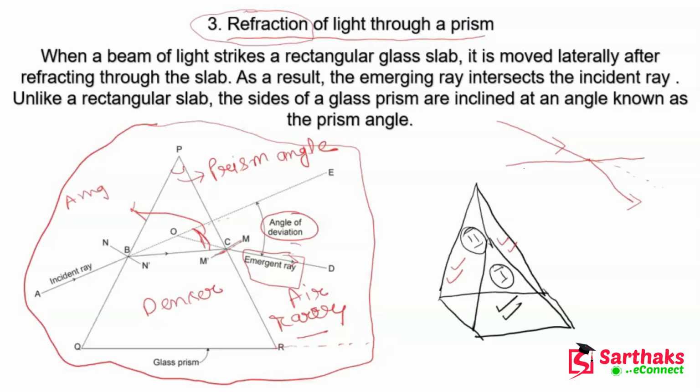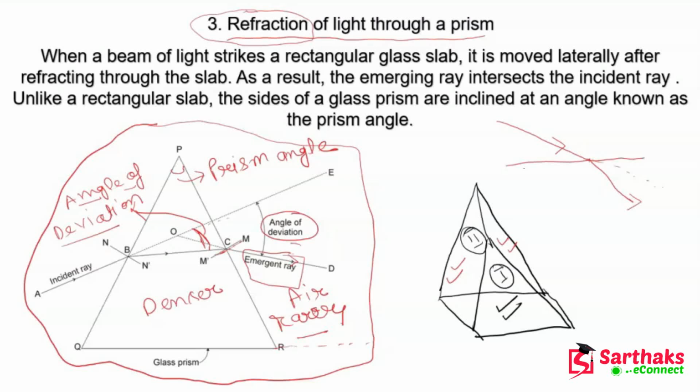Let me write it here: angle of deviation. Why am I calling it the angle of deviation? Because this angle shows us by how many degrees the emergent ray deviates from the incident ray. The emergent ray and the incident ray make an angle D, and this angle shows how much the emergent ray deviates from the incident ray.